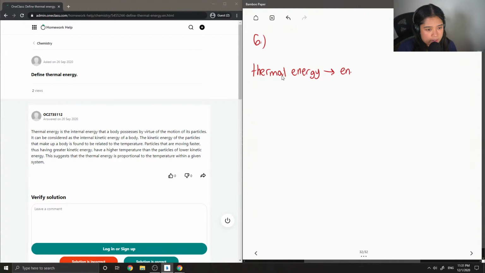So thermal energy is the energy contained within a system that is responsible for its temperature.